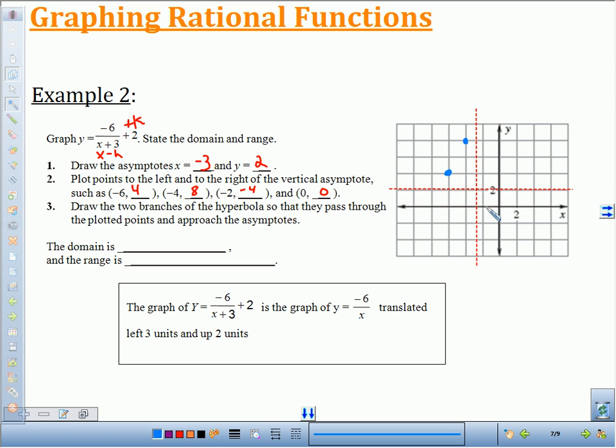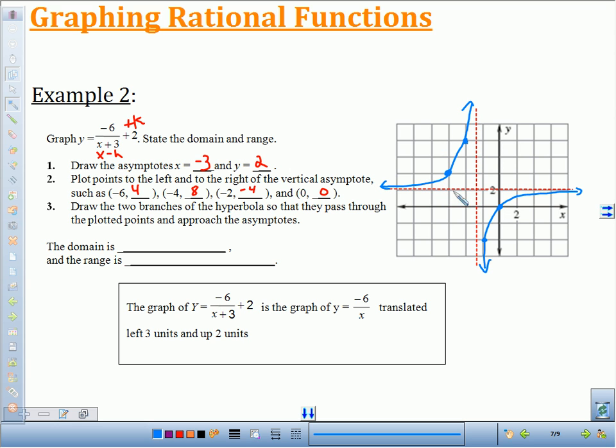I've got -2, -4, so way down here. I've got 0, 0. And I'm going to draw my branches here so that they approach my two asymptotes and go through my points.